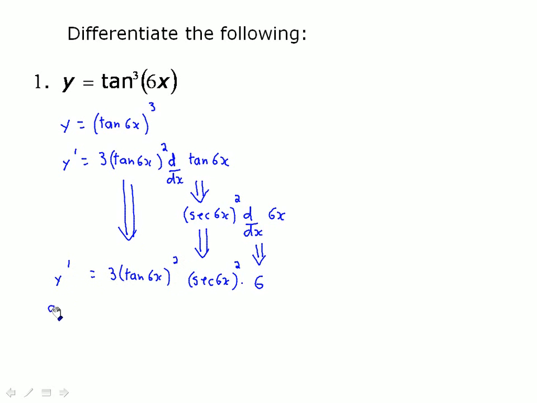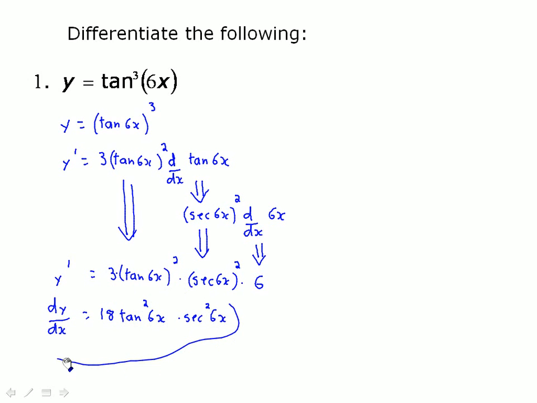Now putting this in a better form, the derivative of y with respect to x. Be really careful. This is 3 times 6. It's 18. So you multiply the numbers together, and everything else is being multiplied together. And then we have tan, which I'm going to put back in the normal form: tan squared 6x multiplied by secant squared 6x.